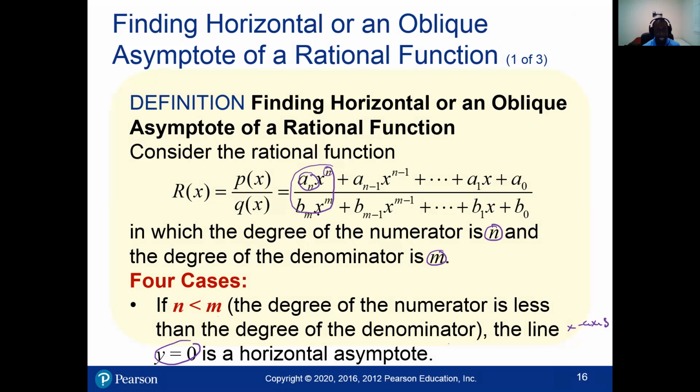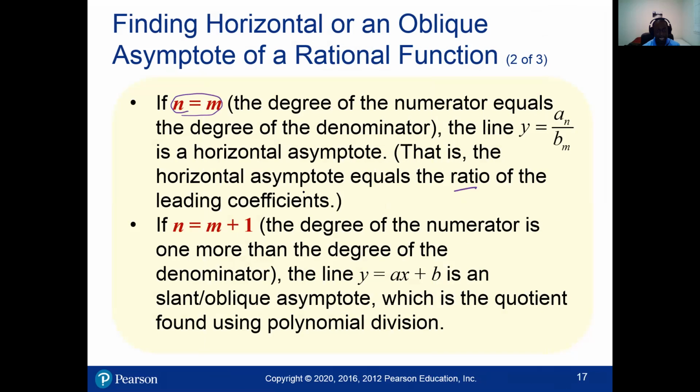The leading coefficient of the denominator is b_m. So if the degrees of the numerator and denominator are equal, then the line y is equal to a_n over b_m. The ratio of that is your horizontal asymptote.